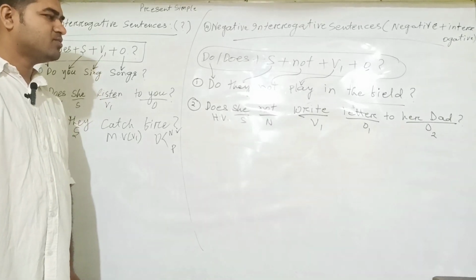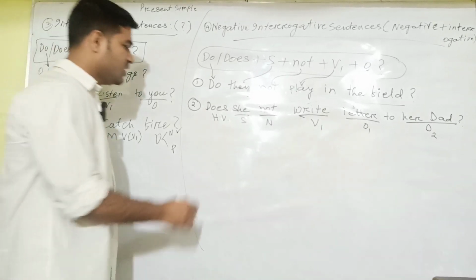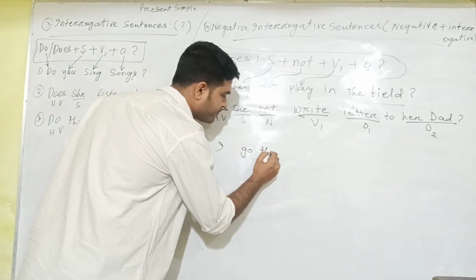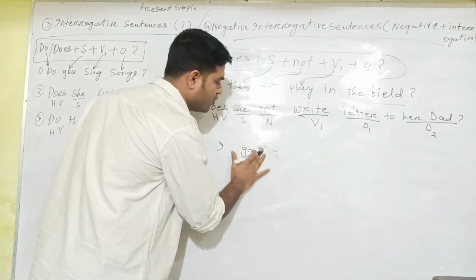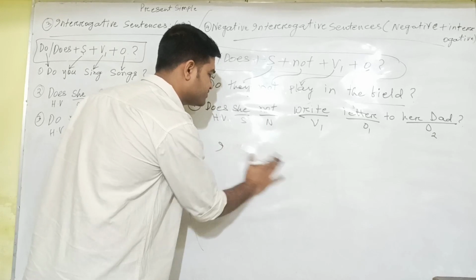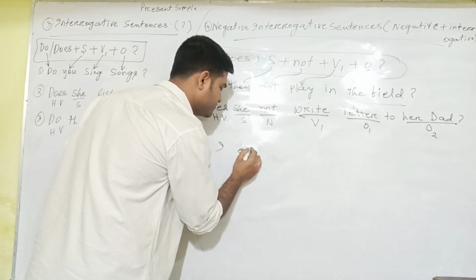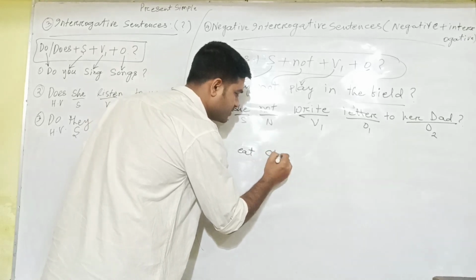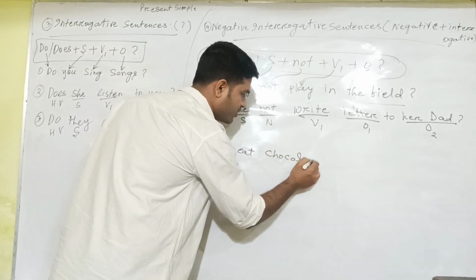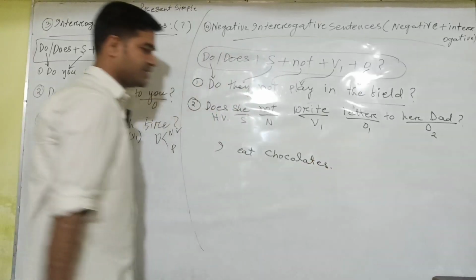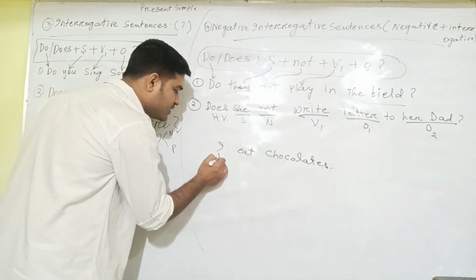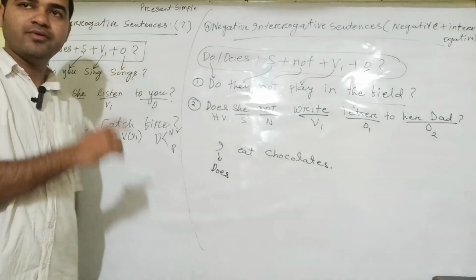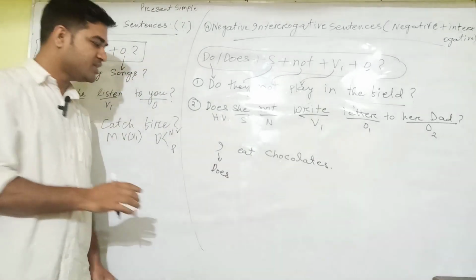Normally I tell you what is subject and object. If I say, I go there, or I eat chocolates. I eat chocolates. Listen, here I is the doer, and always remember, to make it clear, doer is the subject.